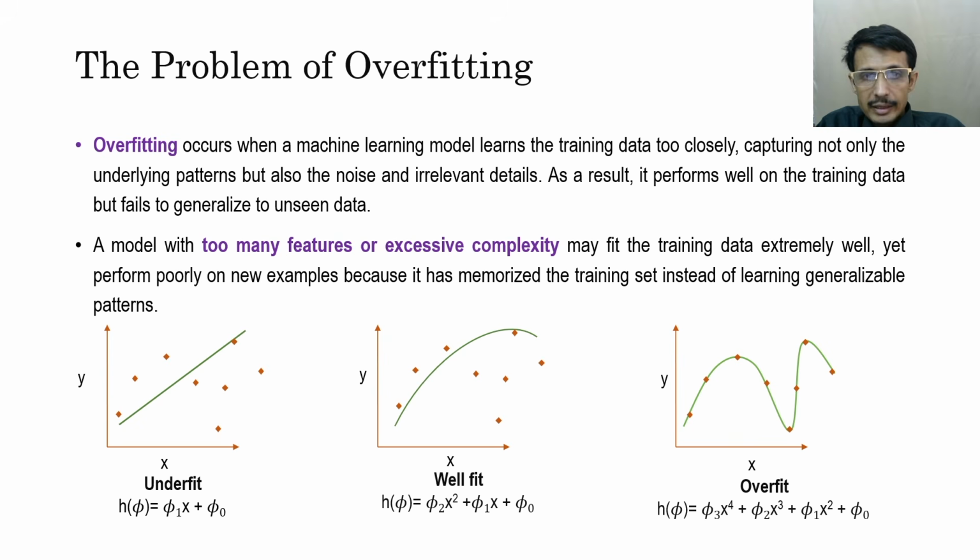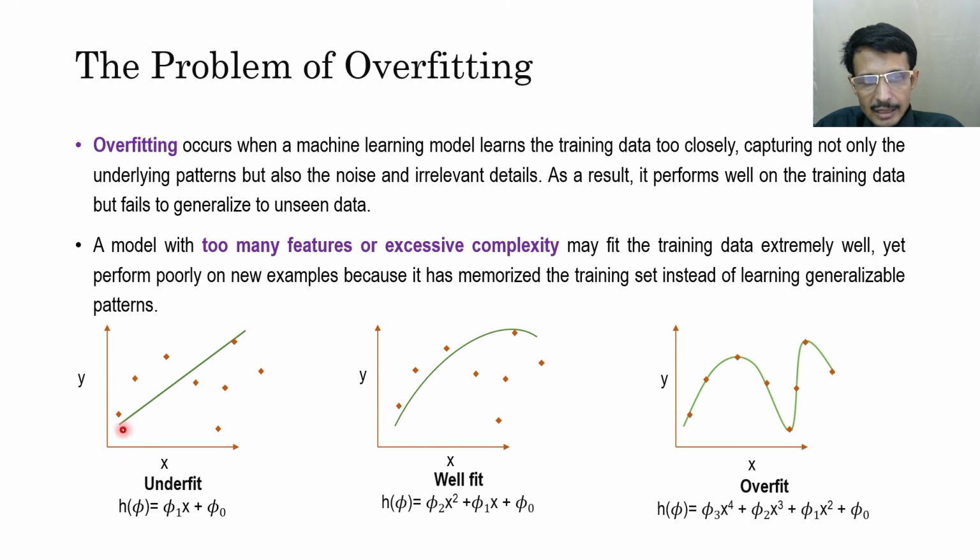Now, here you see that this is the case. These are the data points and this is the line. One thing we try to understand is the model complexity associated with this particular model. It is very low because it's linear in nature.